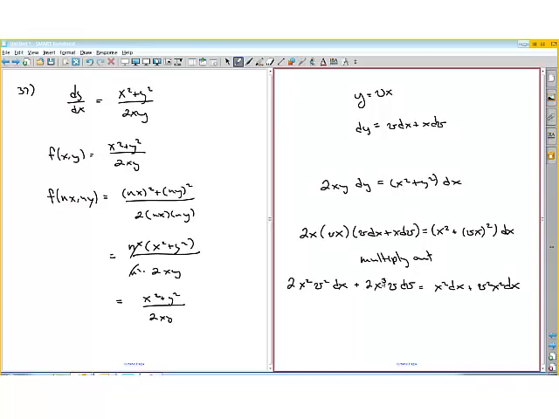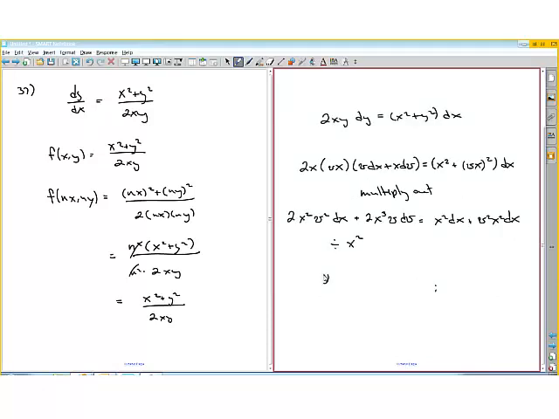Here we have x squared, basically x squared times x. So if we divide everything by x squared, what do we get? We get 2v squared dx plus 2x v dv is equal to dx plus v squared dx.